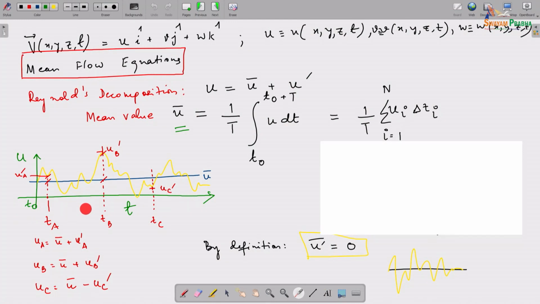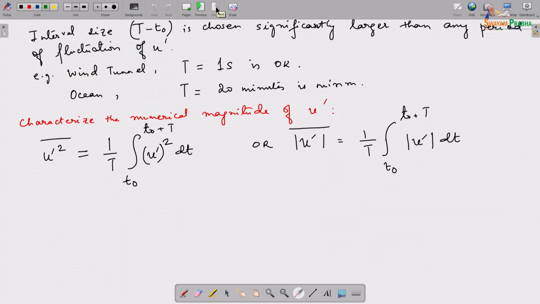Say my T naught, T is here, and T naught plus T is somewhere over here. When I take this information, will it be applicable over the next one? At this point, we are basically assuming yes: no matter where you start, you get more or less a fair picture of the turbulence. That is the meaning of T, the time interval.